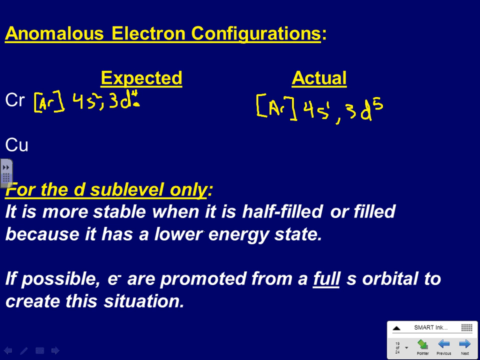Even though electrons will pair up, like in the 4s2, they're still all negatively charged. And if given an opportunity that's energetically favorable, they would rather repel each other away and fill all individual orbitals.